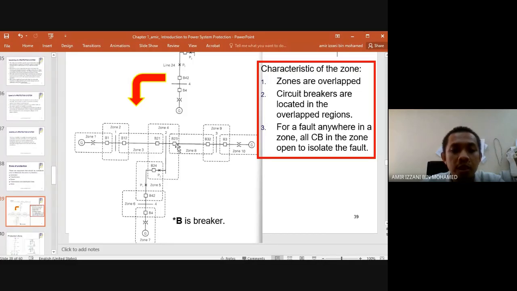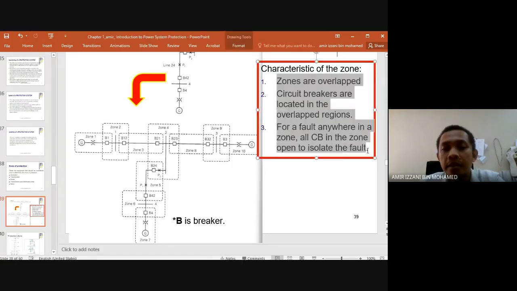In each overlap region, the line with the bus, and the bus 2 with this line, all the zones must overlap. So we put one circuit breaker each, one here, and one here, until we create all zones in the region according to this character: zones must overlap.